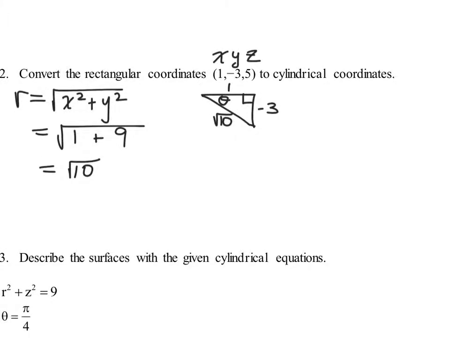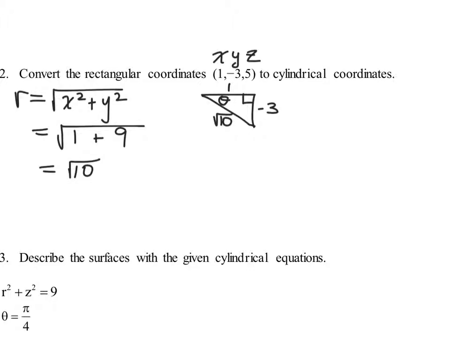So I don't need to necessarily remember that theta is equal to the arctangent of y over x, or theta is equal to the arcsine of y over r, or theta is equal to the arc cosine of x over r. I don't need to know that if I have this, because I can just create those rules as I go.